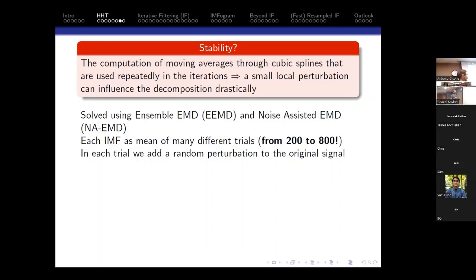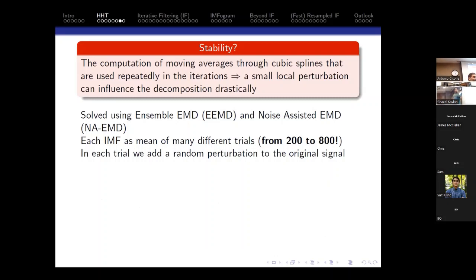How do they do it? They basically take the original signal and then they produce an ensemble out of it. How? They add noise, hundreds of different realizations of white noise, and then they produce hundreds of new signals, and then they decompose all of them, and then they take an average decomposition out of it.